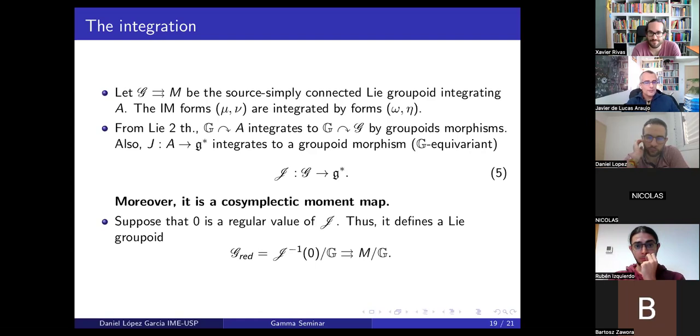So I will make a last question. Here you have made a reduction in the momentum map setting, but you always have the coisotropic standard reduction. So have you tried such an approach for these groupoids?